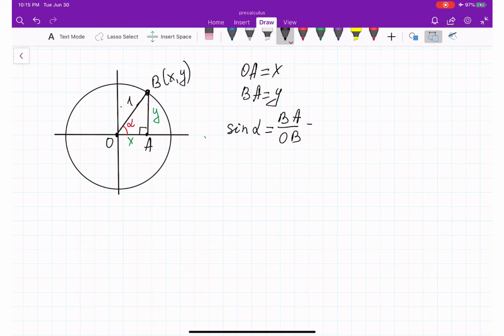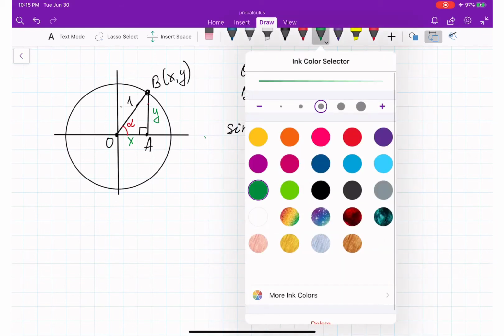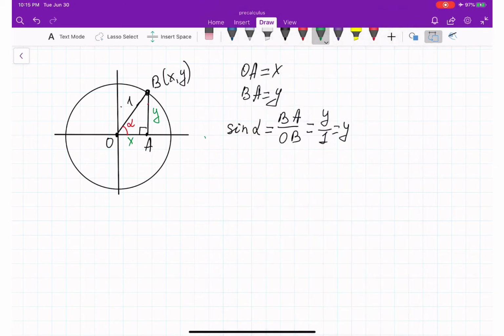So BA is our Y, OB is 1. So we have here Y. Okay, from here I can write down that sine alpha is equal Y.